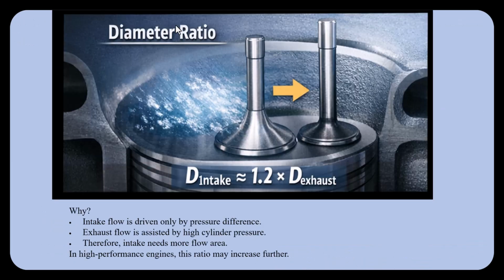But why does the intake valve have a larger diameter than the exhaust valve? Because intake needs more flow area. And in high performance engines, this ratio may increase further.